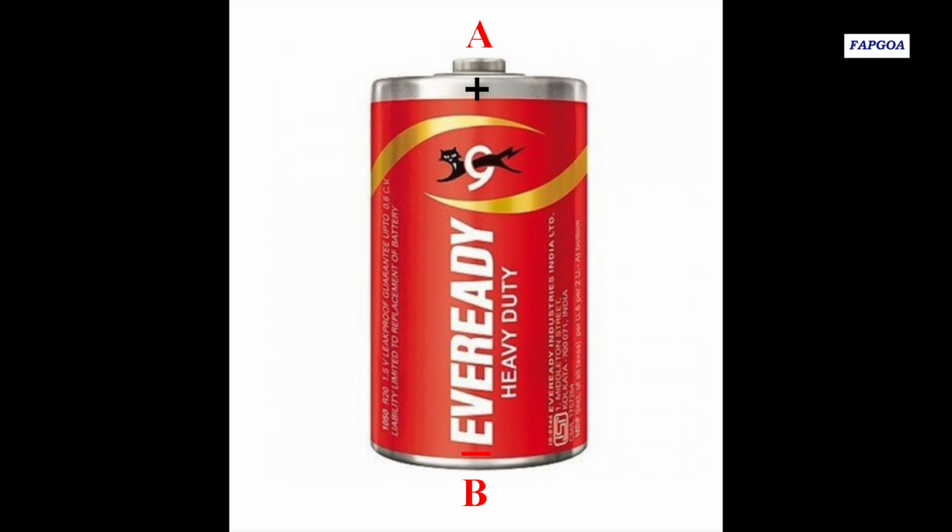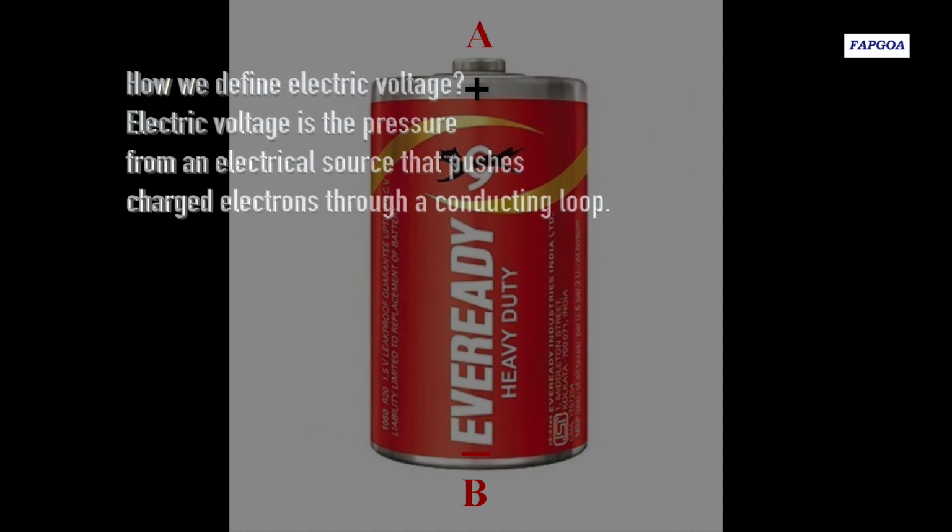The positive terminal is at 1.5 volts and the negative terminal is at 0 volts. This difference in potentials causes the current to flow from higher potential to lower potential, that is from positive terminal to negative terminal in an electric circuit.